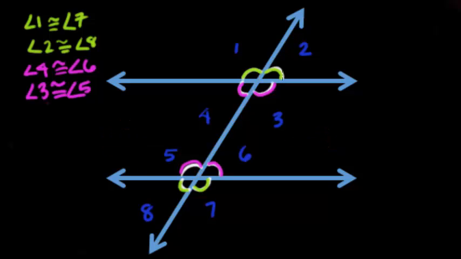So I know that angle 2 and angle 7 are both on the right side of this line, and they're both exterior angles. So those two are going to be supplementary. We can say that angle 2 is supplementary to angle 7.